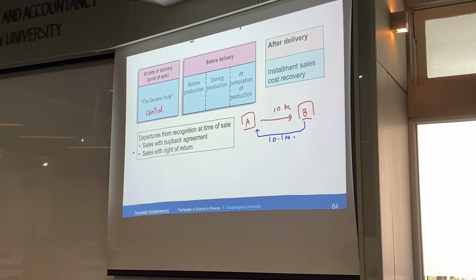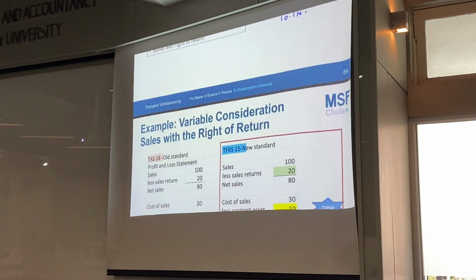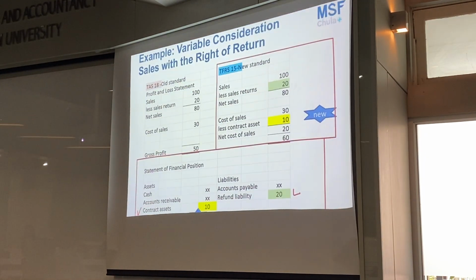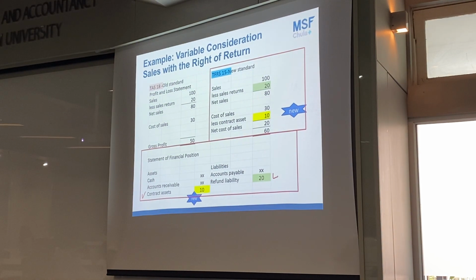Another thing is sales with the right of return. This is the normal situation. The company sells and the customer can return within a certain period of time, right? So if you have this kind of sale with the right of return, on the day that the company sells, under TFRS 15, the one that we are using right now, the company has to estimate the amount of return on day one.